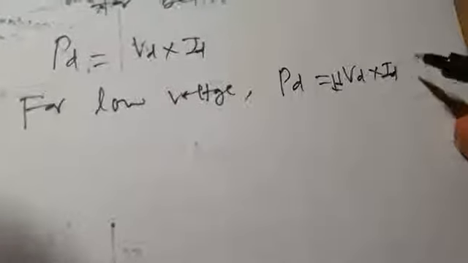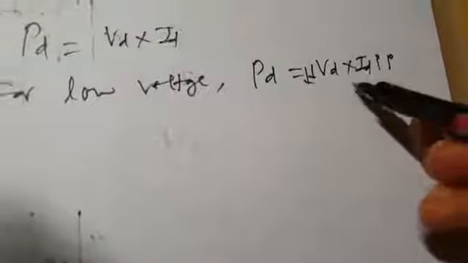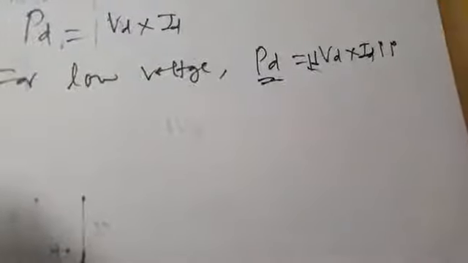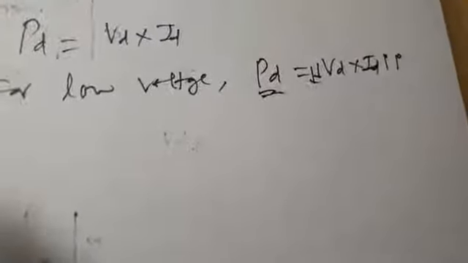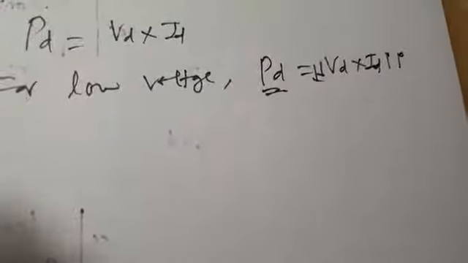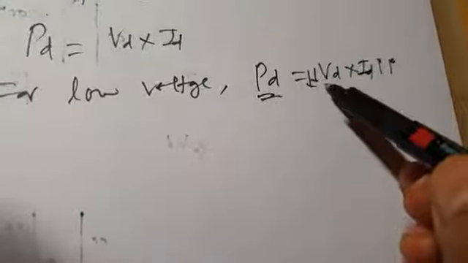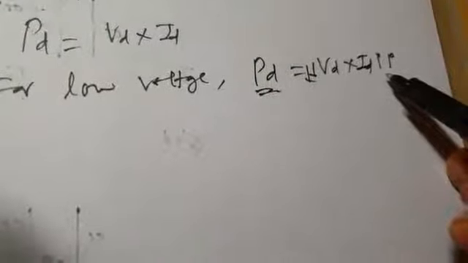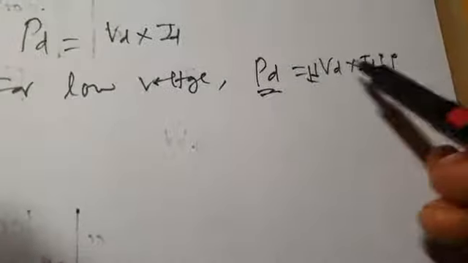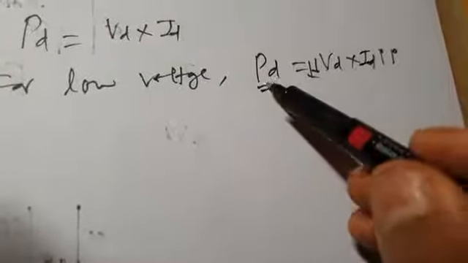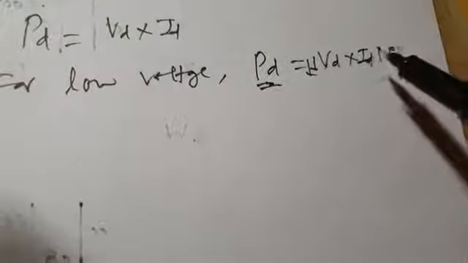If voltage falls substantially, your link will try to increase the current to maintain the power constant in the link. Because power control means power in the link has to be maintained constant. And if there is a collapse in the link voltage due to some fault, then your control will automatically increase current, so that VD into ID becomes equal to PD reference. And that is a problem.